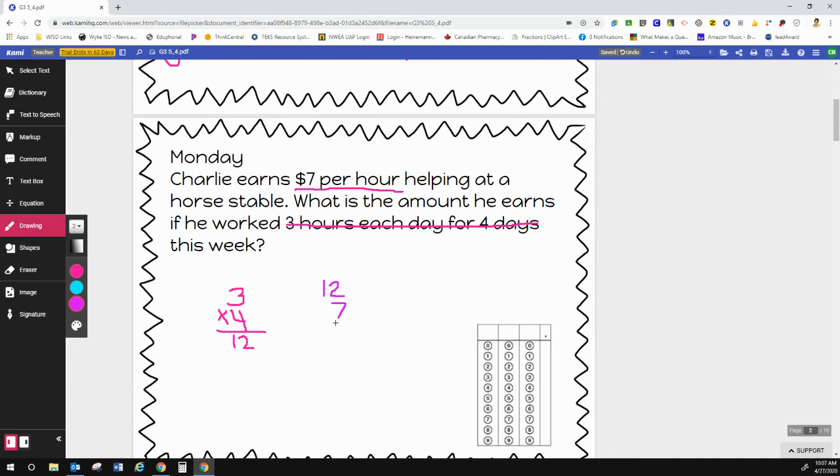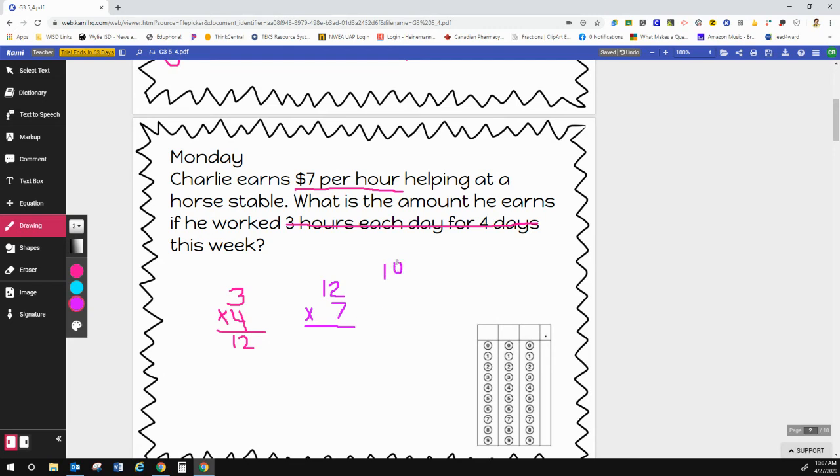So what could I do to find out how much money he makes altogether? Am I wanting to add, or do I want to multiply? I want to multiply because I'm talking about per hour. So every hour he works, he's going to get $7. And we found that he worked for 12 hours this week. So I want you to multiply 12 times 7.